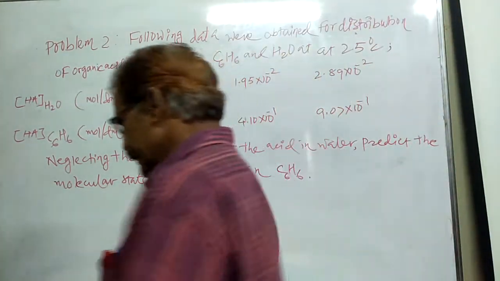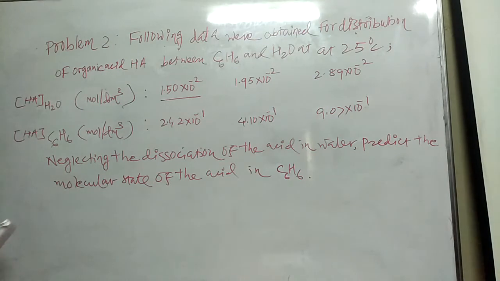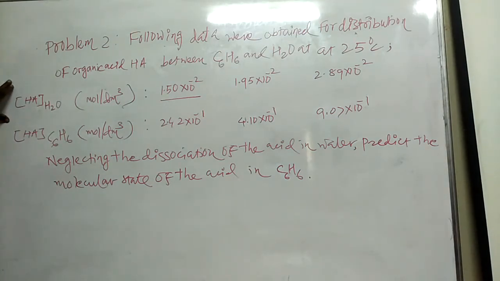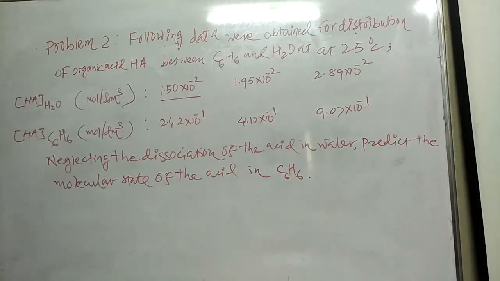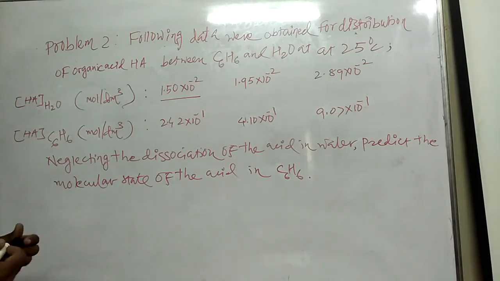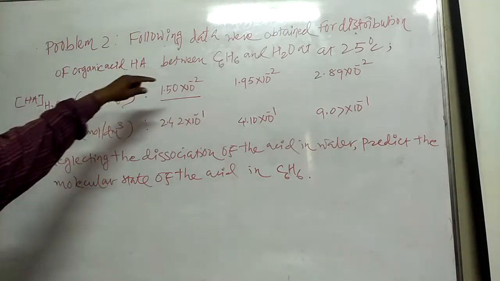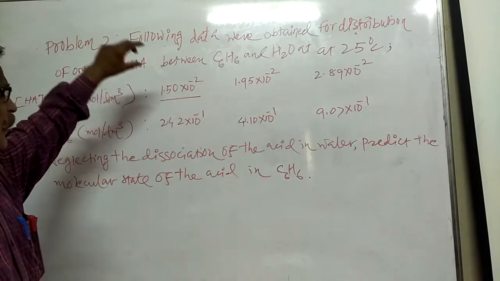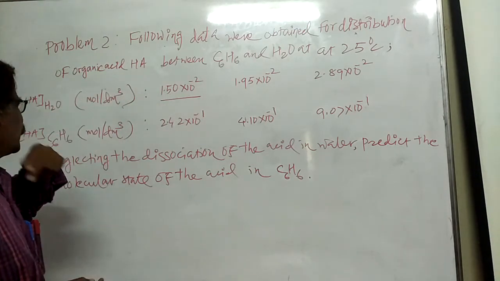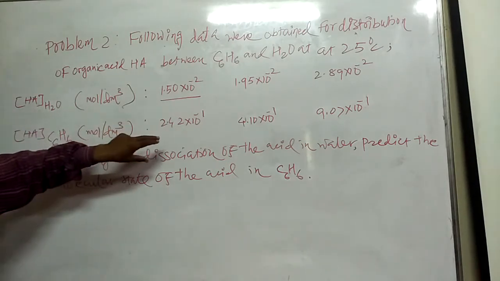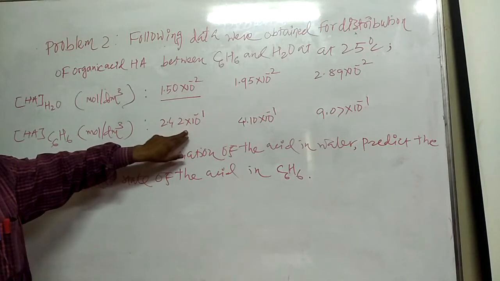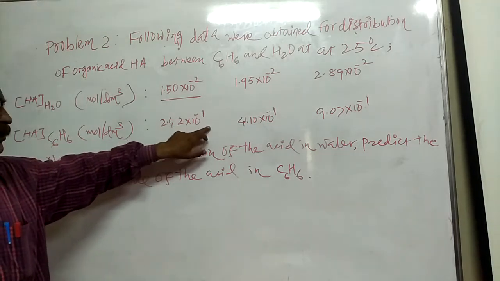The given data is: concentration of acid in aqueous layer in moles per dm cube is 1.50 into 10 to the power minus 2, and the corresponding concentration of acid in organic layer is 2.42 into 10 to the power minus 1.